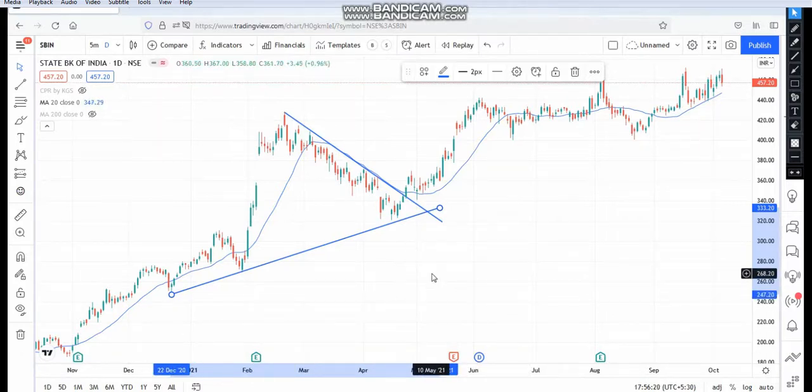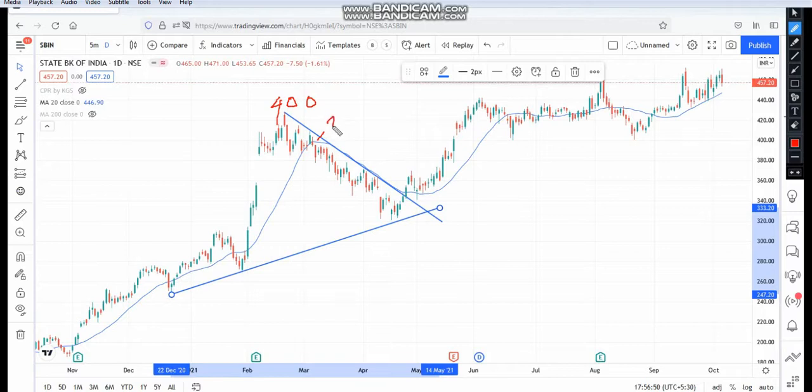Now here we have to understand the concept of triangle or psychology of traders. Here you see, this is actually a resistance line. For example, let us put it 400 rupees. This is 400 rupees.